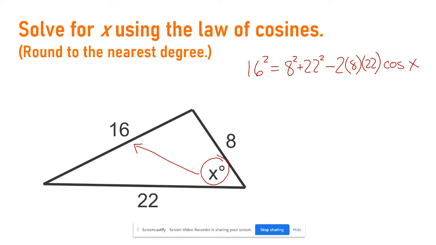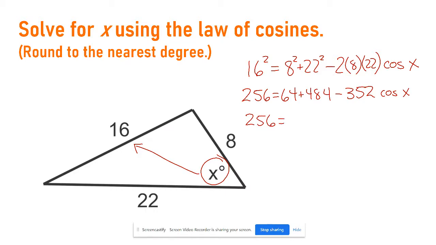So now I'm just going to go ahead and square everything. So we get 256 equals 64 plus 484. And then when you take 2 times 8 times 22, that's 352 times the cosine of x. So now I'm just going to simplify this a little bit more.